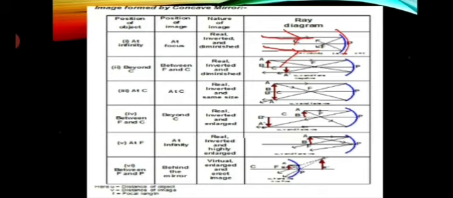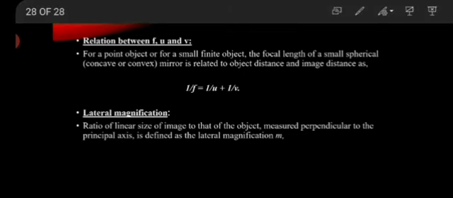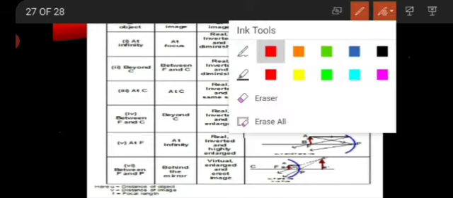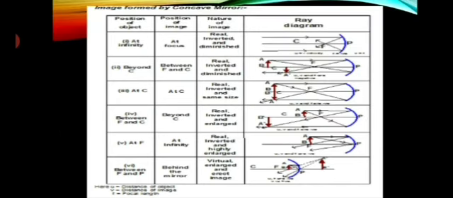When the object is placed beyond C, the image formed here is real, inverted and diminished.